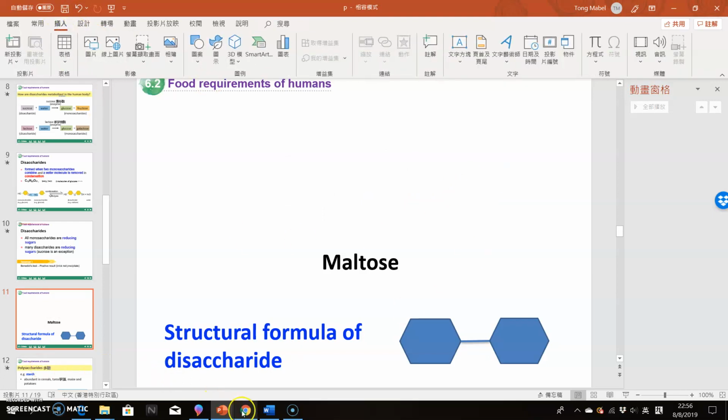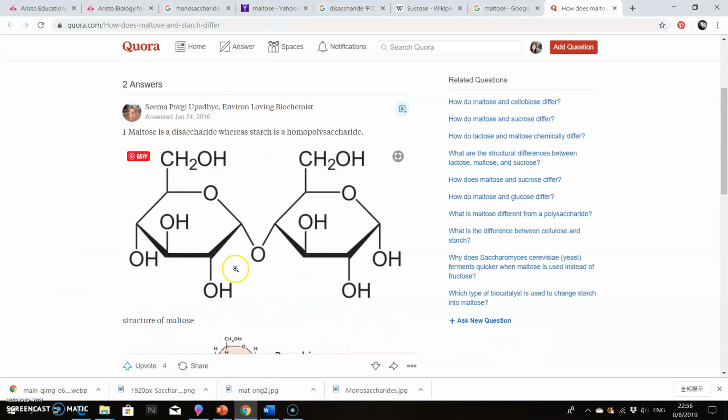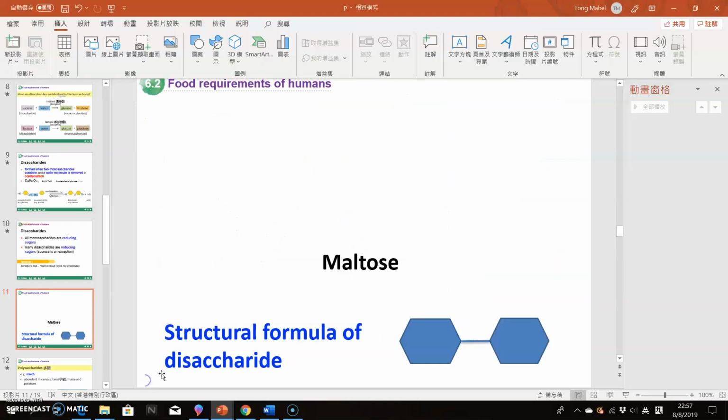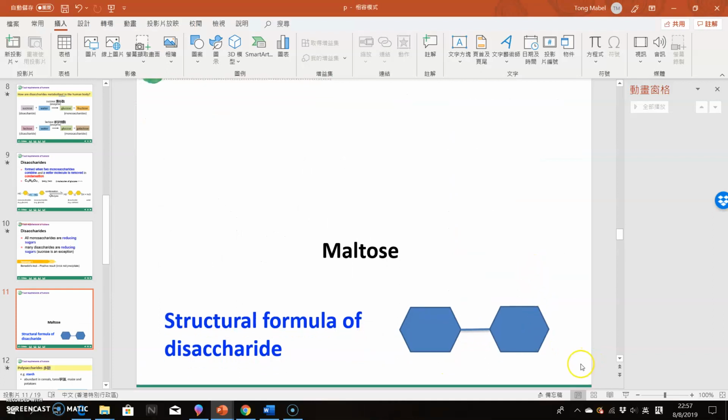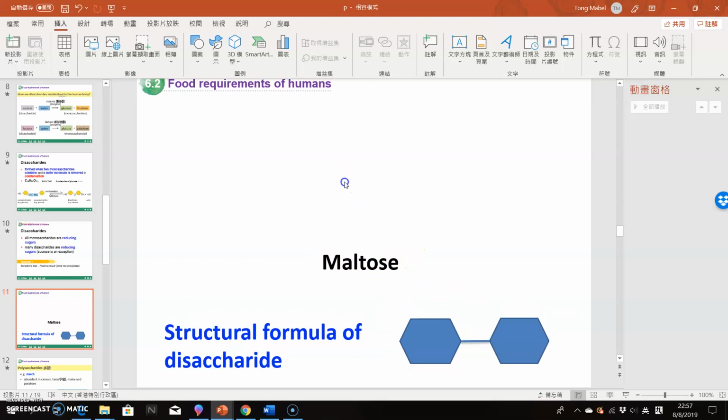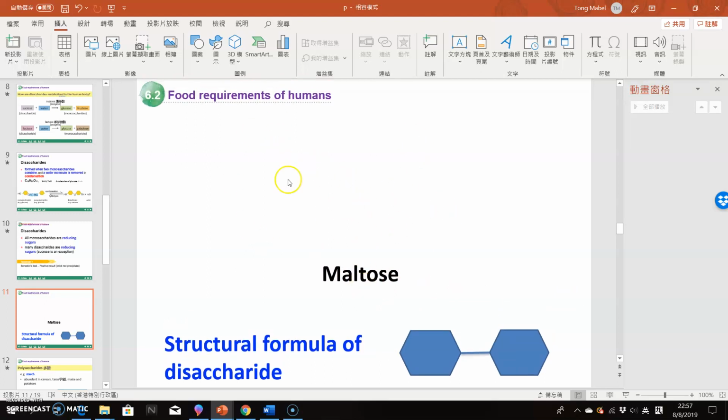Okay, this is maltose. This is one glucose and one glucose, they join together, and form maltose. Sometimes, to recognize or represent a disaccharide easily, we use this symbol to represent maltose. So I have to add back this diagram here later on. Okay, thank you very much.